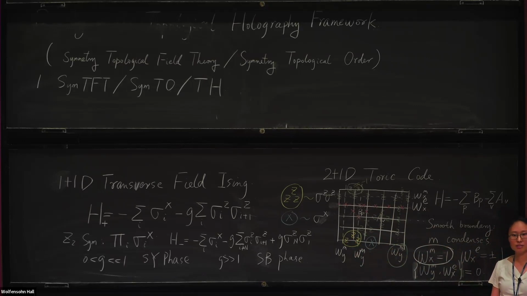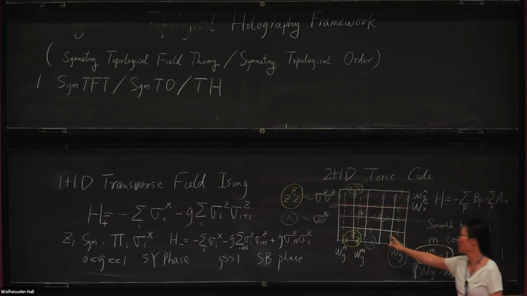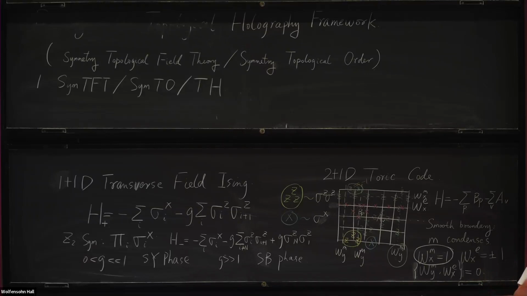And this is very important because when the horizontal string has a different eigenvalue, plus or minus 1, these sectors are in orthogonal Hilbert spaces. So the charge sector and the flux sector are in orthogonal Hilbert spaces.